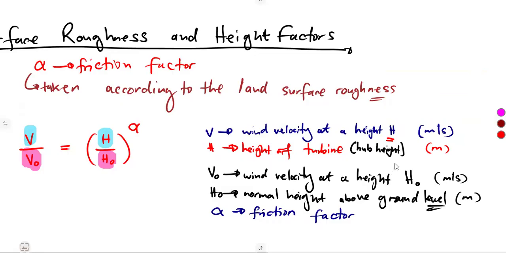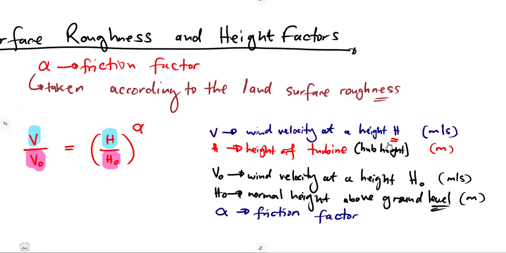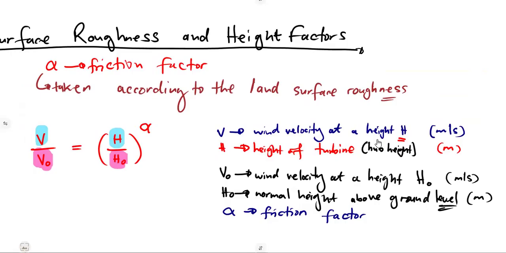But the friction factor does not have a unit. It is unitless. It's a constant that is taken according to the land surface roughness.